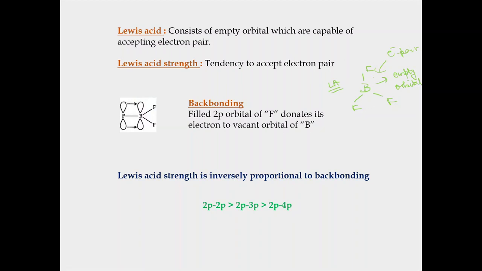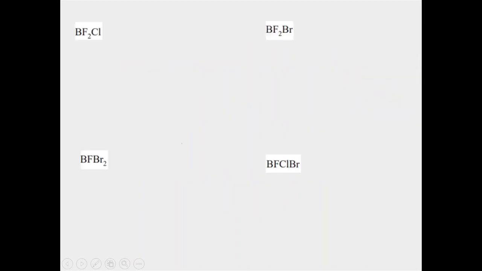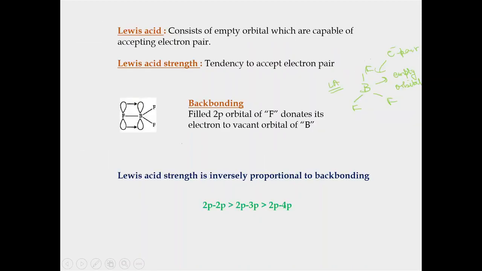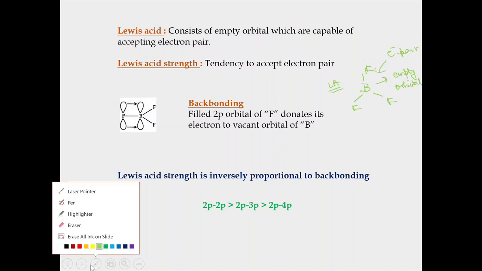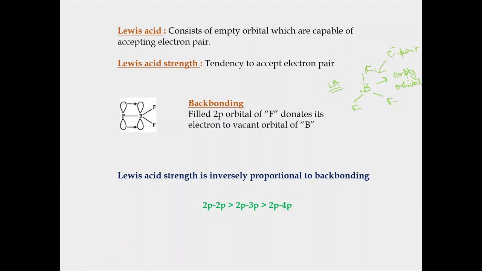By back bonding we mean that all the fluorine atoms have lone pairs. From their filled orbital they can donate the electron to the empty orbital which is present on boron.